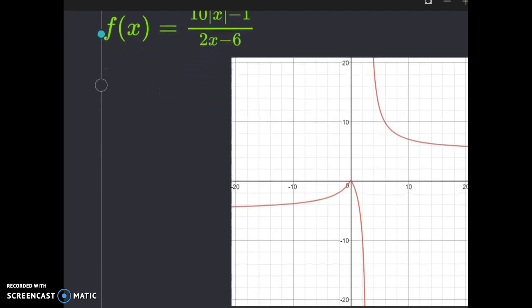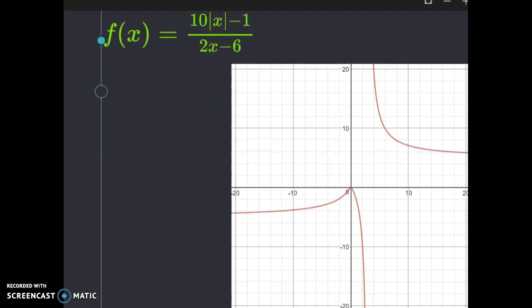All right, so I graphed that function on Desmos, and what I notice is that there looks to be an asymptote right around here and a different asymptote here. So it has two different horizontal asymptotes. What I also notice, which you may or may not be surprised about, is that the function crosses that horizontal asymptote.